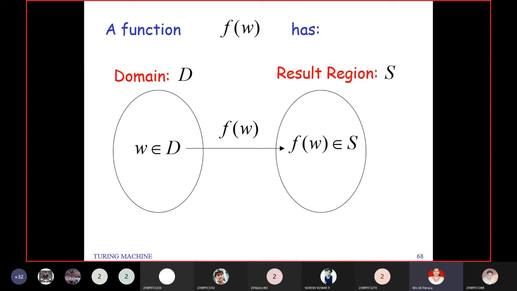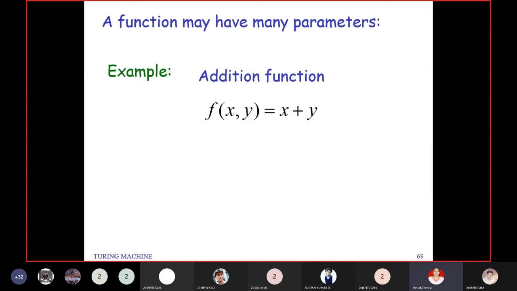Suppose f of w: you give an input w, and it makes a transition to some result. So you will get the result after performing the function over the input string. A function may have many parameters. We'll see one example for that.